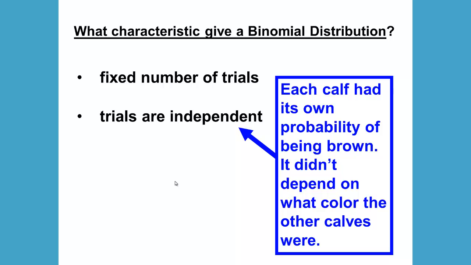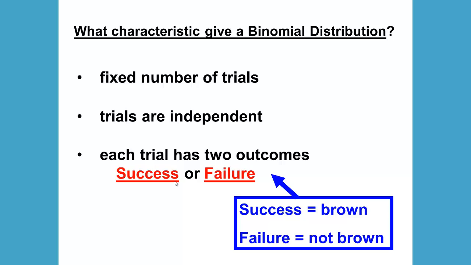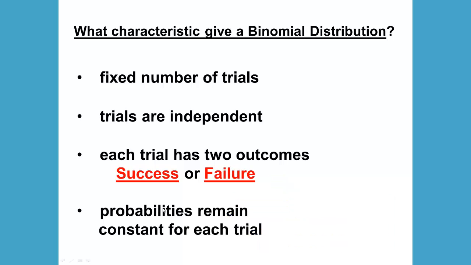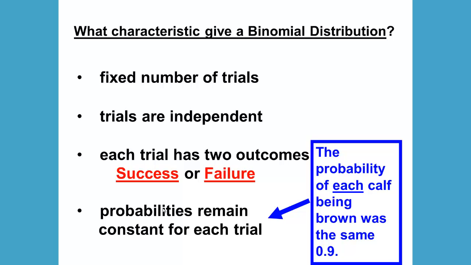Each calf had its own probability of being brown. It didn't depend on what color the other calves were. Each trial has 2 outcomes, a success or a failure. A success of being brown, a failure of not being brown. And lastly, the fourth characteristic is that probabilities remain constant for each trial. The probability for each calf being brown was the same, 0.9.